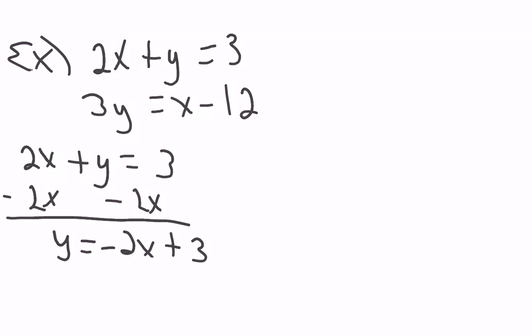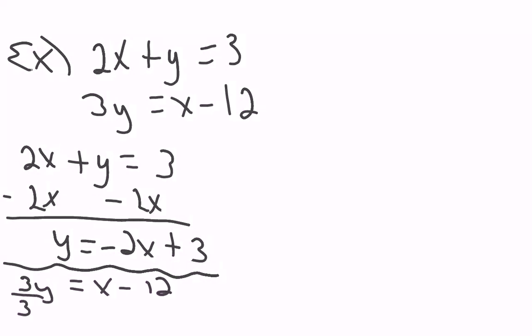The bottom one, we have 3y equals x minus 12. We need to divide everything by 3. So in this case, we get y equals, there's a 1 there, so it's 1/3 x. Negative 12 divided by 3 is a negative 4.